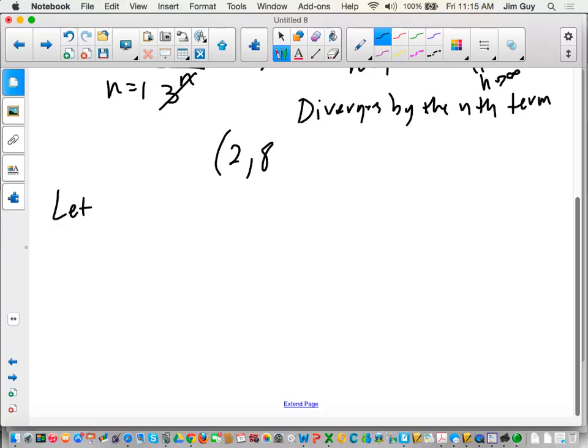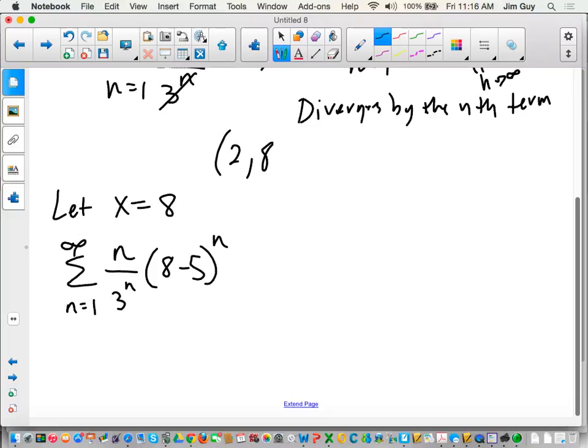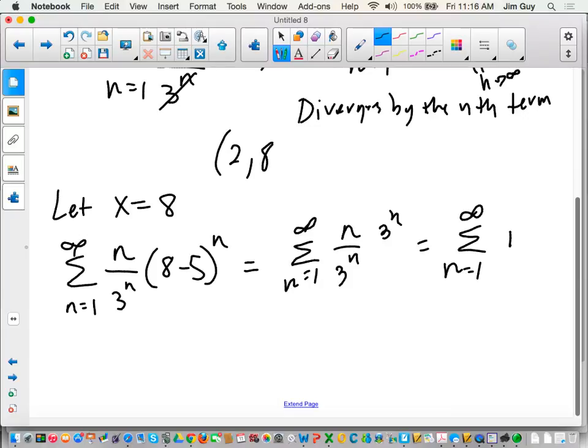So let x equal 8. Then we got the series n equals 1 to infinity, n over 3 to the n, 8 minus 5 to the n. Well, that works out beautifully because we now have n over 3 to the n times 3 to the n, and you just get n.